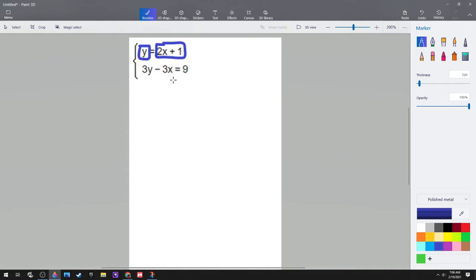So since that's the case, what we can do is I can take this 3y minus 3x equals 9, and we can literally go in and instead of writing y, we can write this 2x plus 1. So I'm going to put a parentheses where the y used to be.